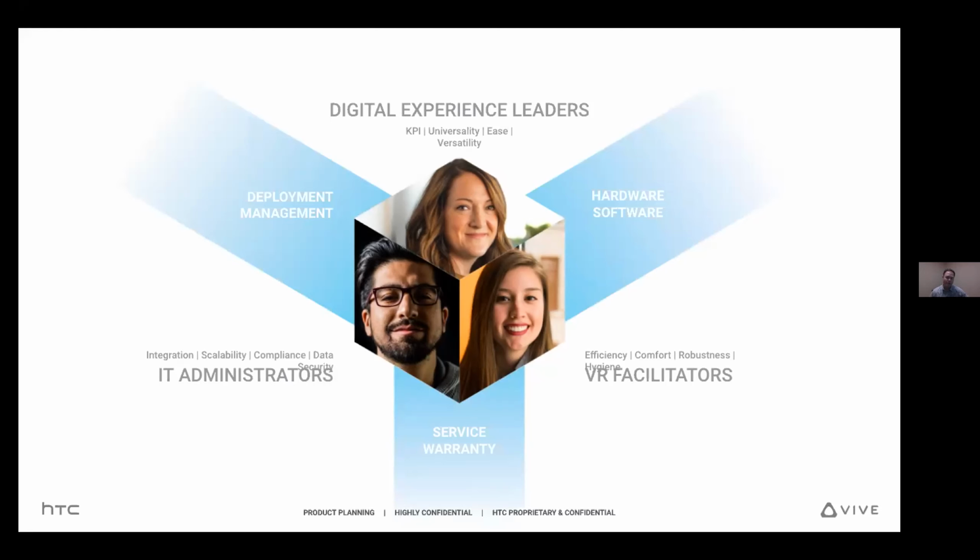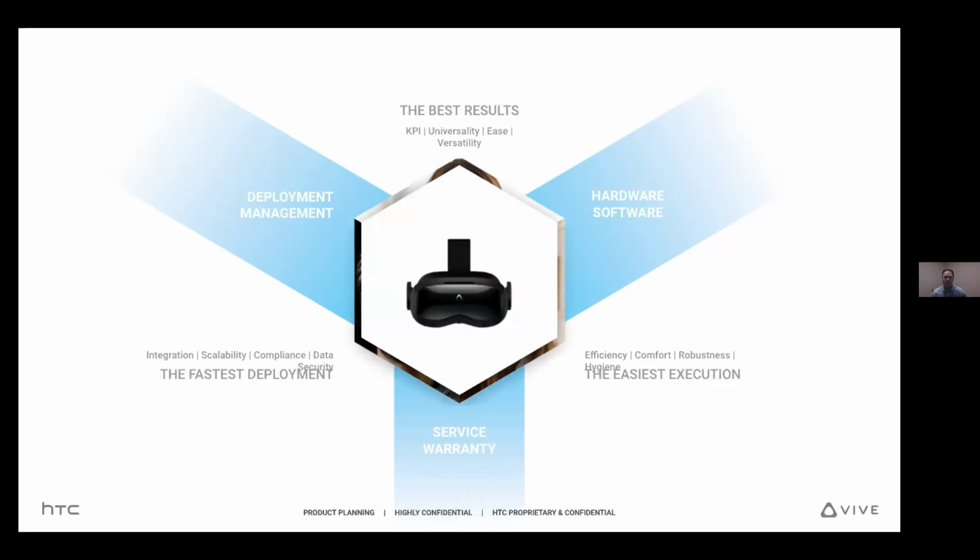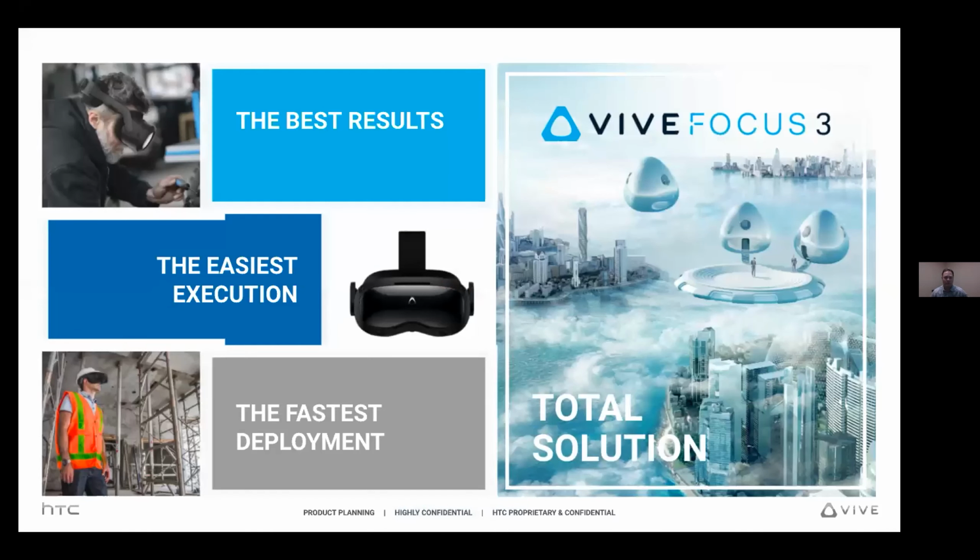And so we've met those needs with a combination of hardware, firmware, software. On the next couple slides, we'll talk about deployment management, service and warranty, and hardware and software. For the Focus 3, we see that as delivering best results, easy execution, fast deployment.